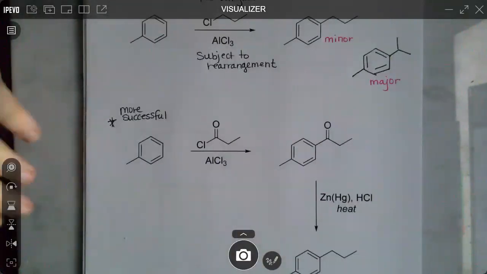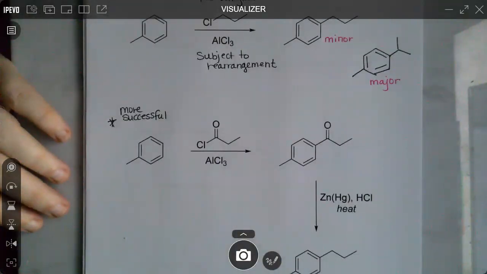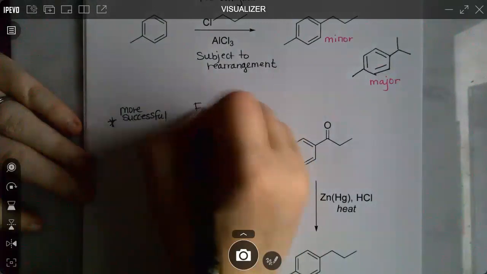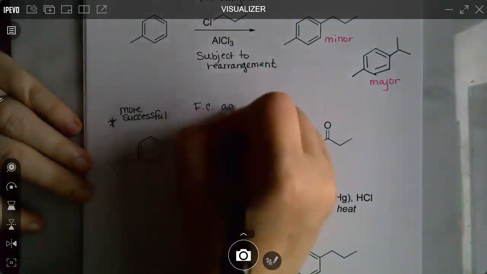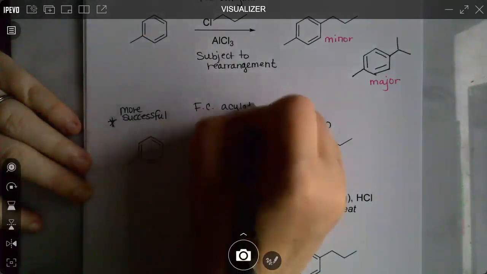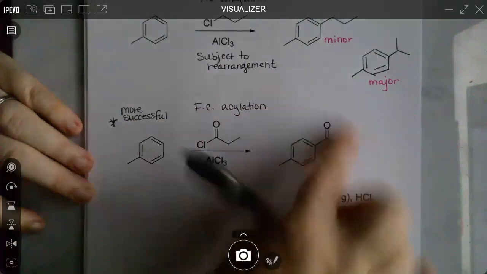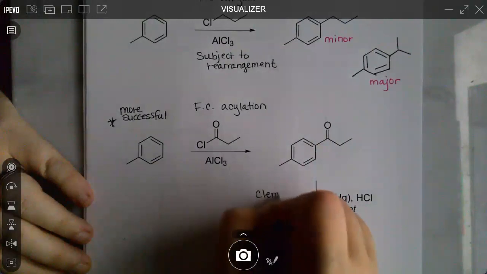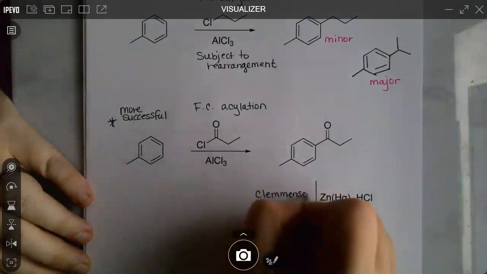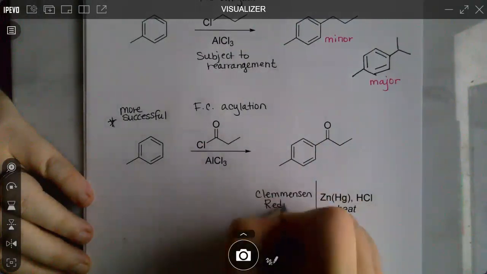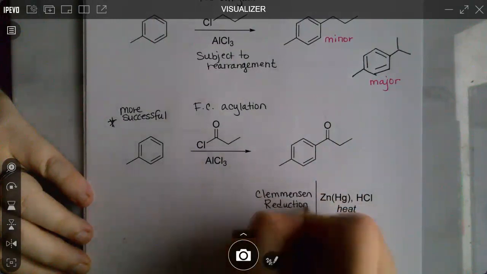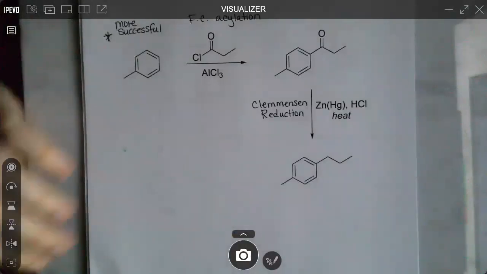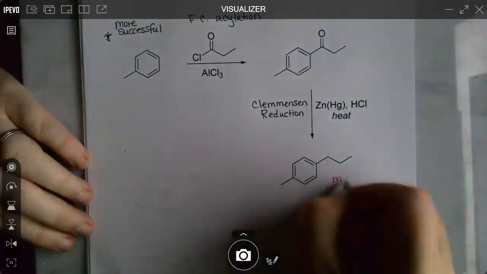Whereas the Friedel-Crafts acylation is entirely successful, followed by the Clemmensen reduction. And this one will be the major product.